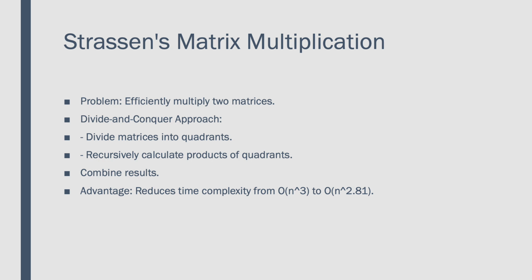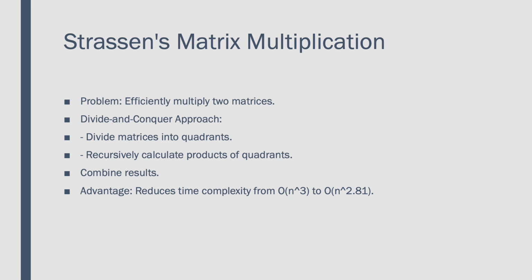First, it divides the given n by n matrix into four equal n/2 by n/2 submatrices, or quadrants. Then we conquer. Instead of performing 8 multiplications like the conventional method, Strassen's algorithm uses only 7 recursive multiplications of submatrices. Then the computed results from the recursive steps are combined to form the final matrix.